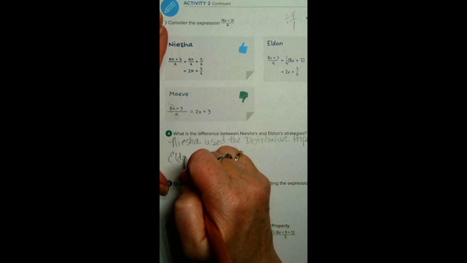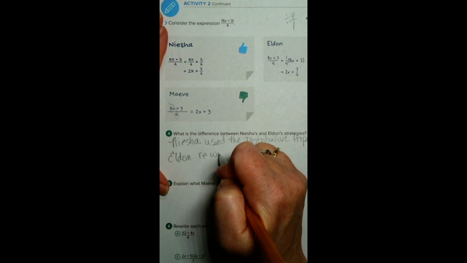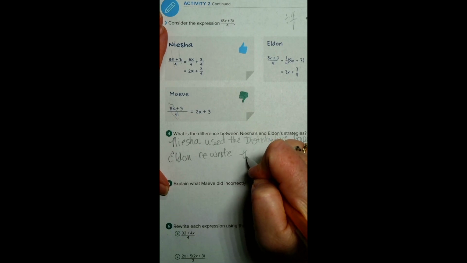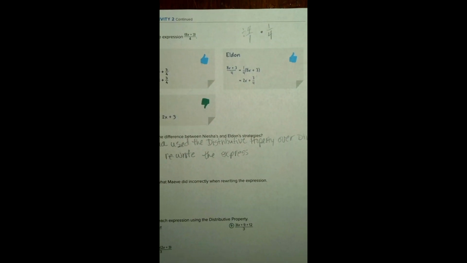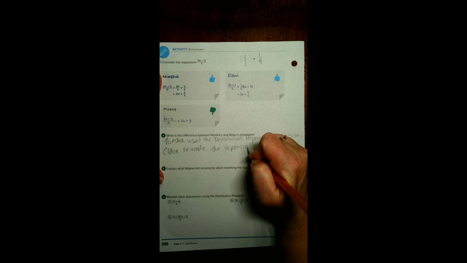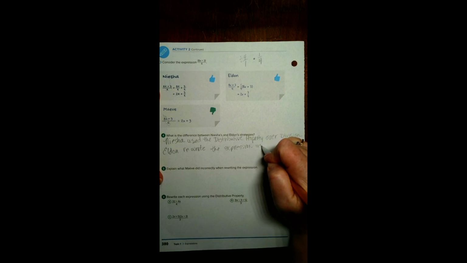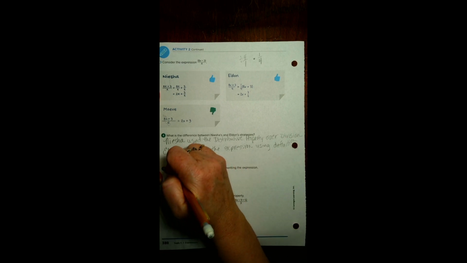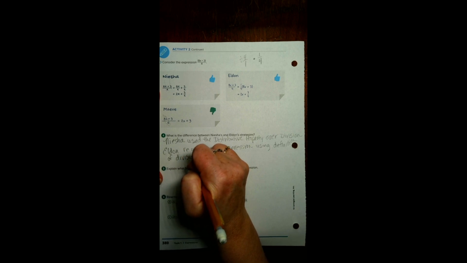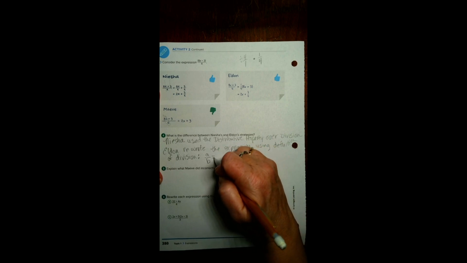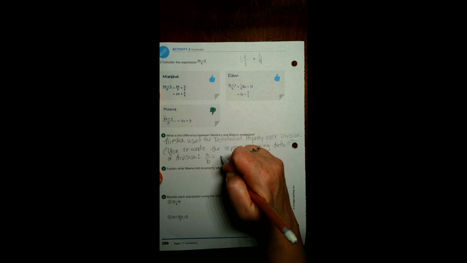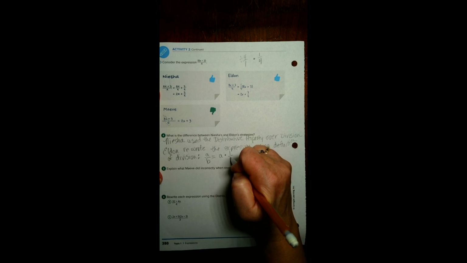And Eldon rewrote the expression using the definition of division that says A divided by B is the same as A times 1 over B.